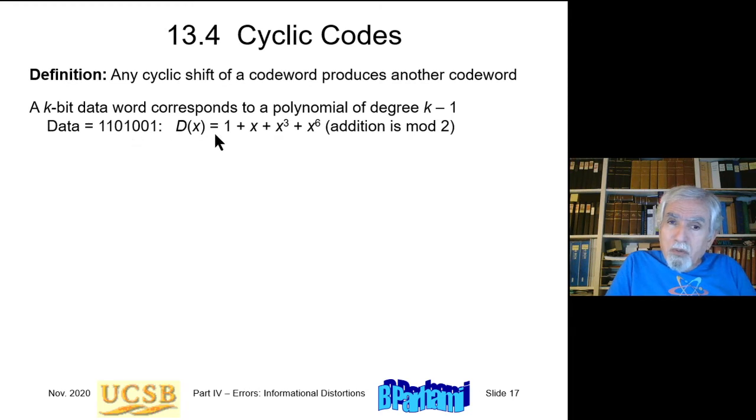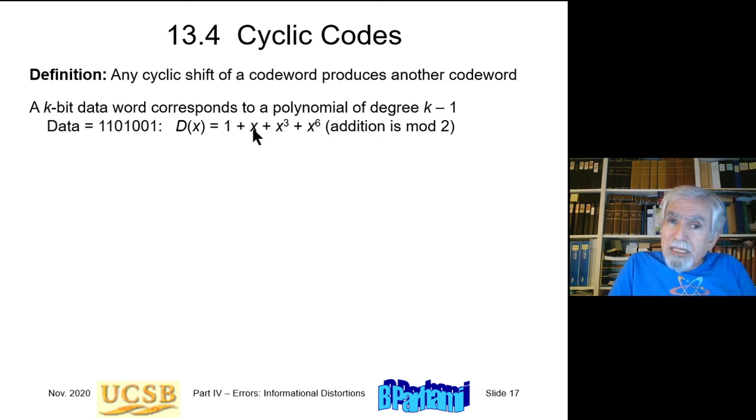In other words, there's a one-to-one correspondence between data words and polynomials such as this, in which the coefficients are ones or zeros. Addition done modulo 2 means if I add x to this polynomial, x plus x becomes 2x, and then 2 modulo 2 is 0.